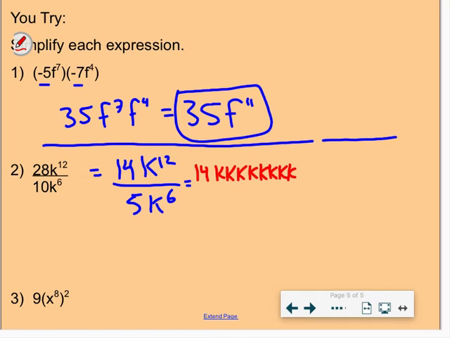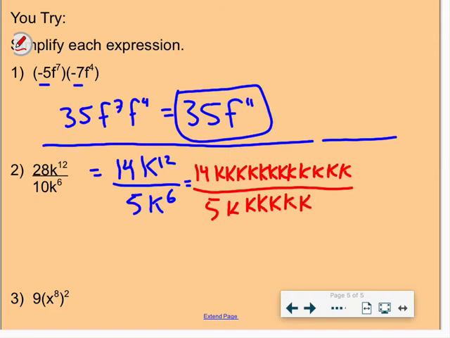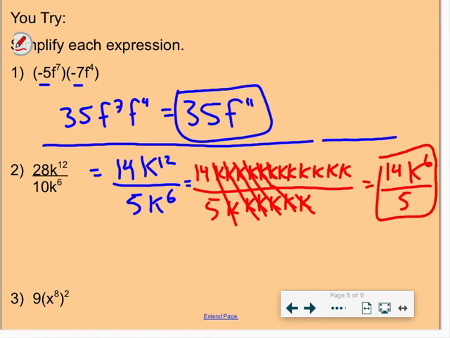I've got 1, 2, 3, 4, 5, 6, 7, 8, 9, 10, 11, 12, all over 5, and then there's 6 k's. That k cancels, that k cancels, those k's cancel. And what you're left over with is 6 total k's on the top. You have your 14, you have your 5 on the bottom, and you're done.